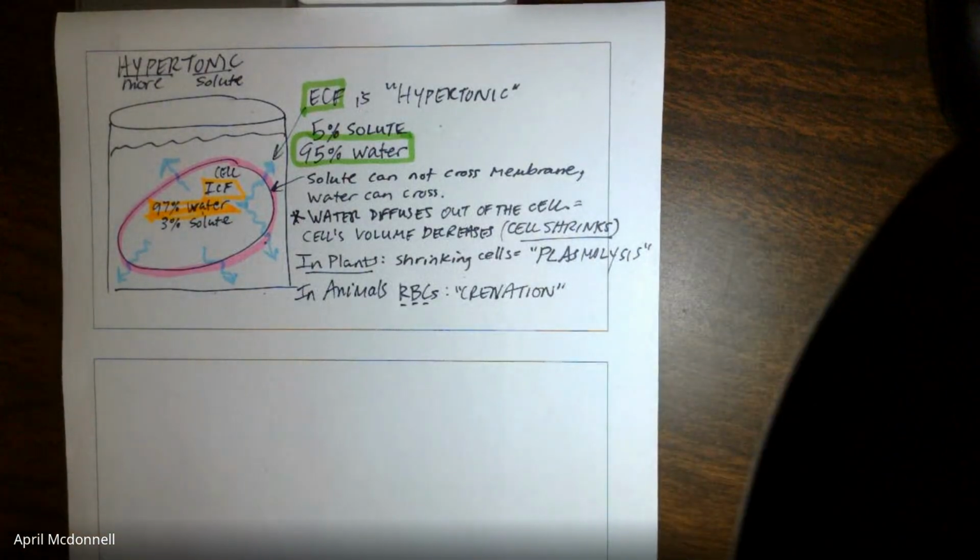And the problem with blood cells that undergo this process called crenation is that once the shape changes and the cell begins shrinking, it's not able to bind oxygen or move effectively through the circulatory system. So this is definitely a very big problem if blood cells are exposed to hypertonic solutions.